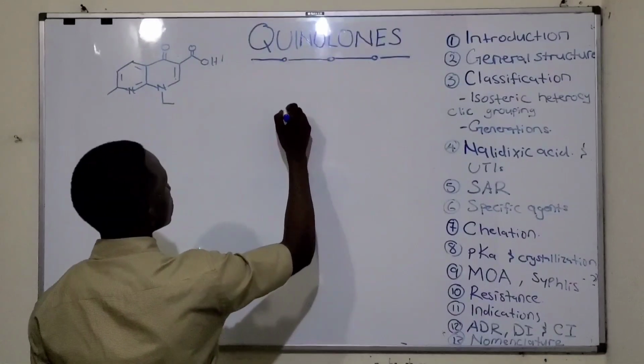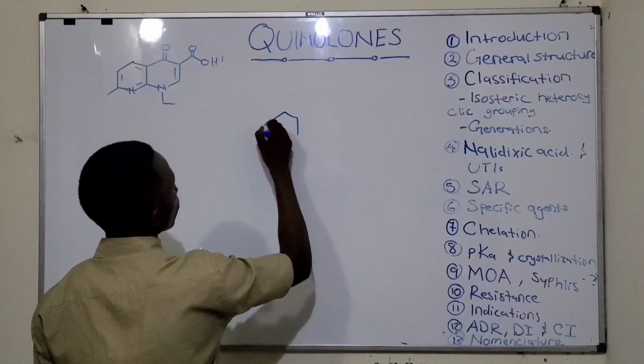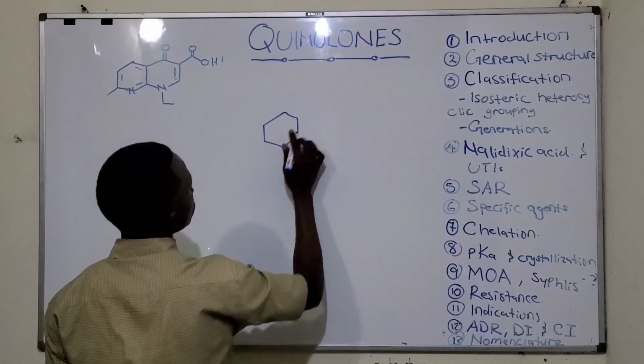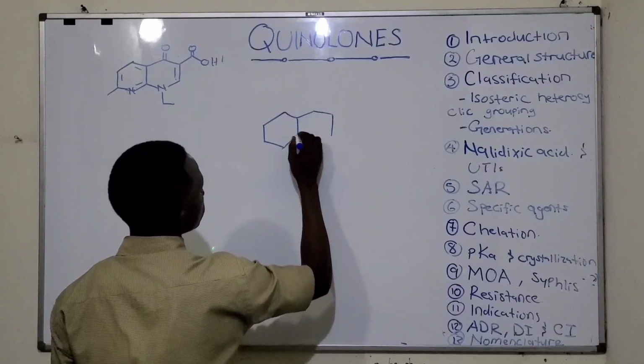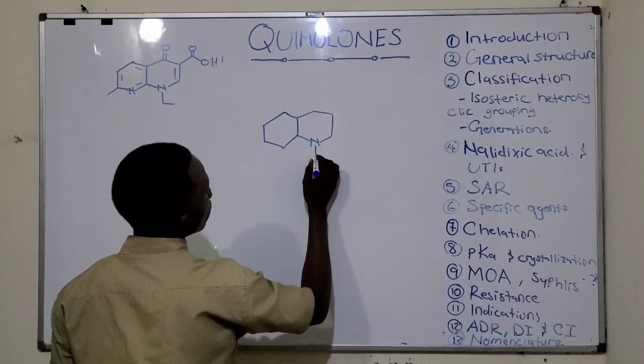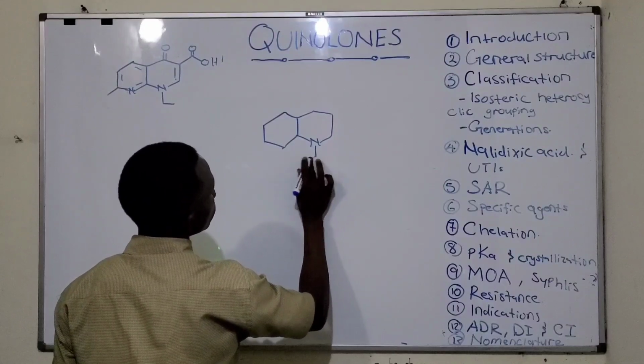Remember we said that this is the general structure for all quinolones. Here we have an alkyl group.